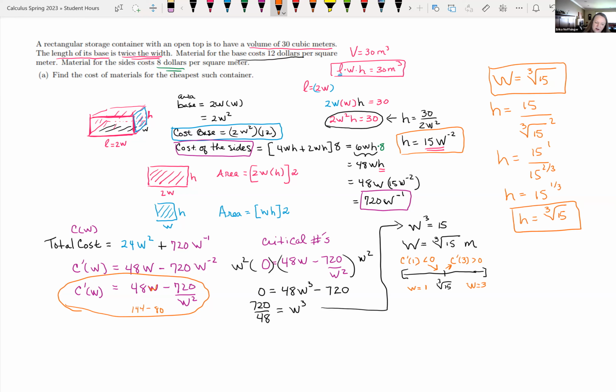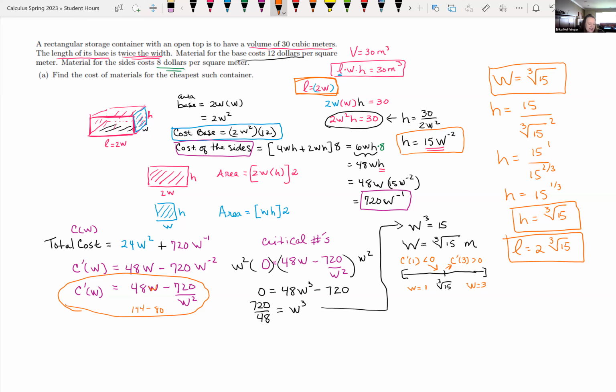And then our width, or length, is twice W. So length is 2 times the cubed root of 15. Okay, so those are the values which give us the dimensions that will give us the least cost of the material.